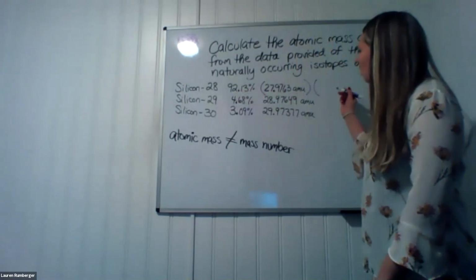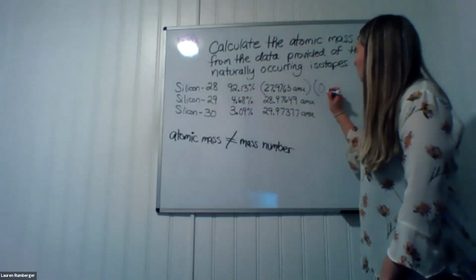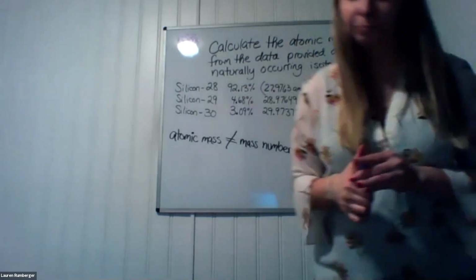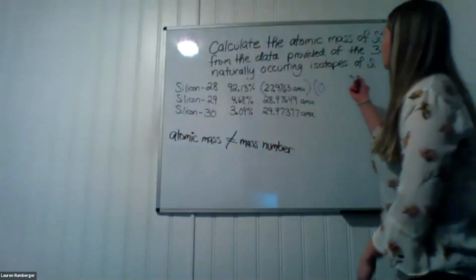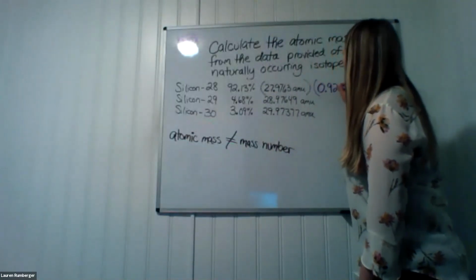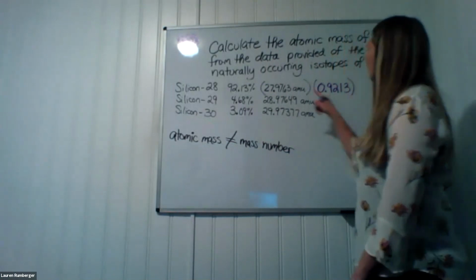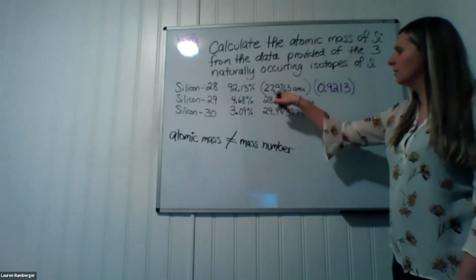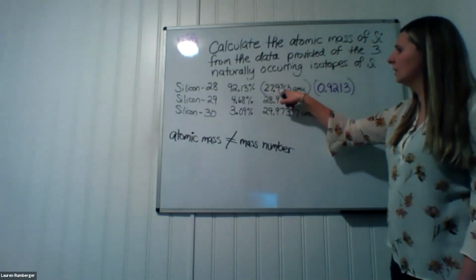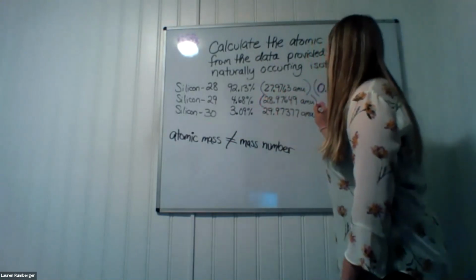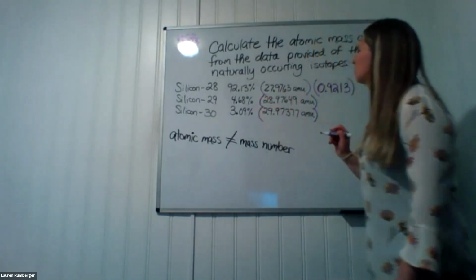So the percentage as a decimal will be 0.9213 times the mass of silicon-28, which has been determined to be 27.9763 AMU.